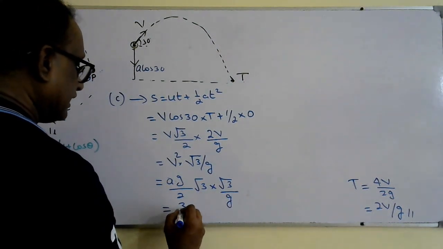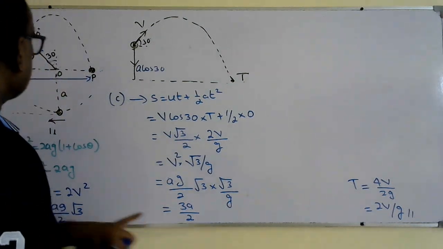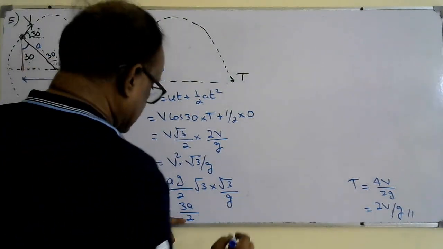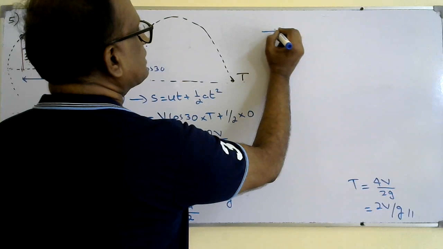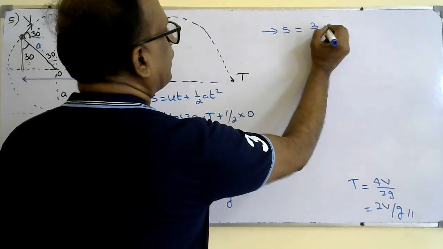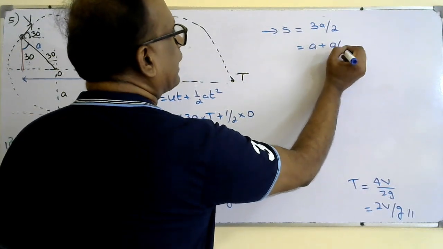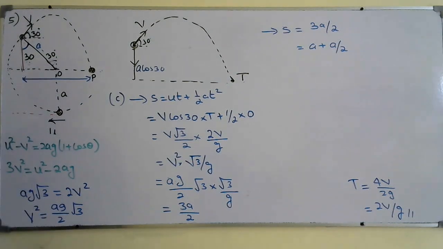So that is 3A by 2. So 3A by 2 means the length from this point to this point, the horizontal displacement s is going to be 3A by 2, that is A plus A by 2. So this is A plus A by 2.